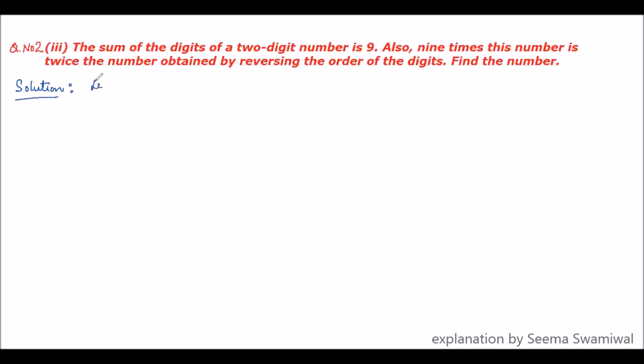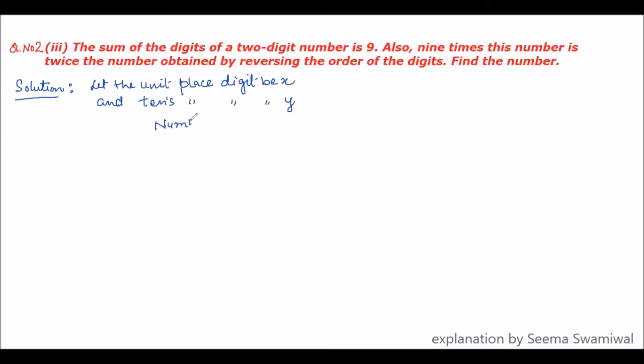So let the unit place digit be x and the tens place digit be y. Now we want to make the number.